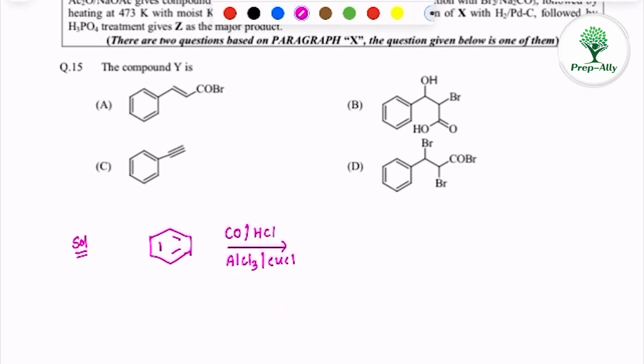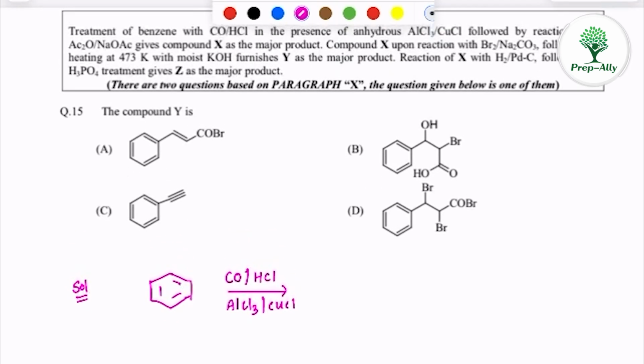So you are aware of this reaction. It is Gattermann-Koch aldehyde synthesis, where benzaldehyde will be prepared from this. This we have discussed in detail with mechanism. So you'll be getting benzaldehyde as the product.